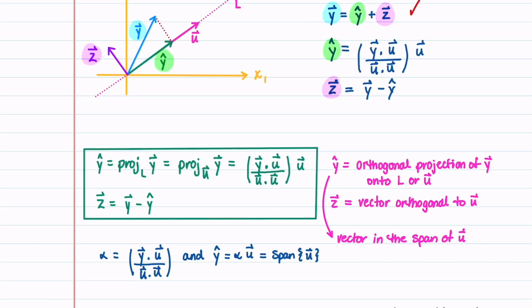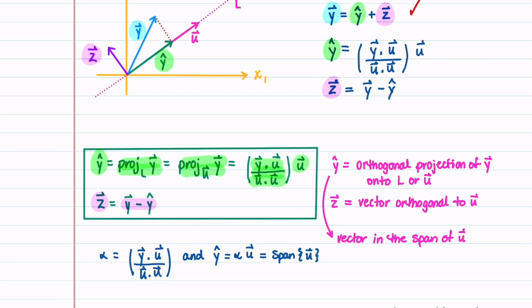I've summarized all these formulas in this green box below. Our y hat is the orthogonal projection of y onto line L, and it's also the orthogonal projection of y onto vector u, and it's equal to y dot u divided by u dot u times vector u. Our vector z is y minus y hat, and it's the vector orthogonal to u.